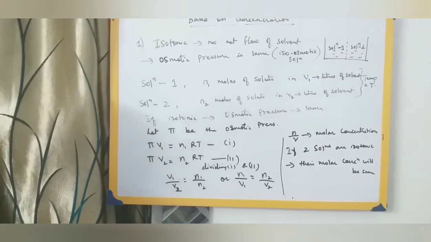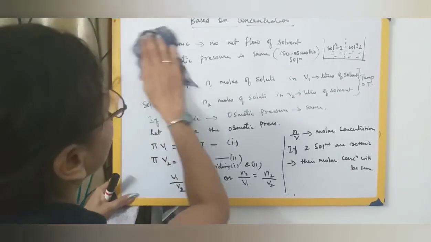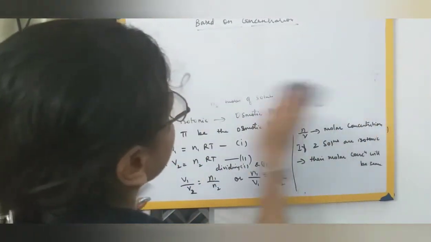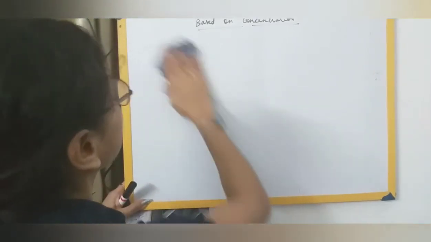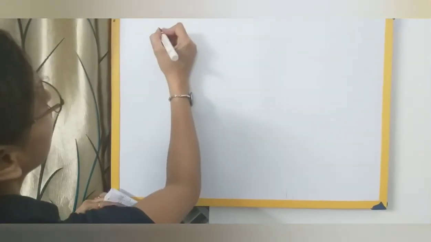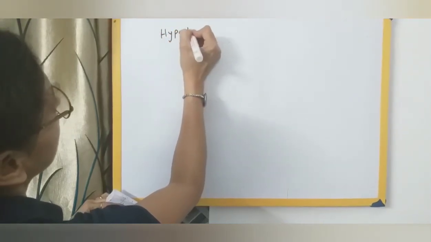Now suppose you have solutions, okay, let me first rub it off. If there is a solution with a higher osmotic pressure, we have the next type of solution, that is hypertonic.